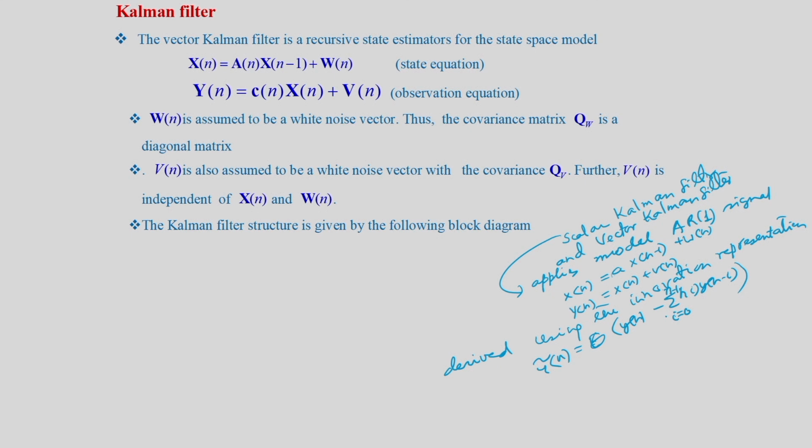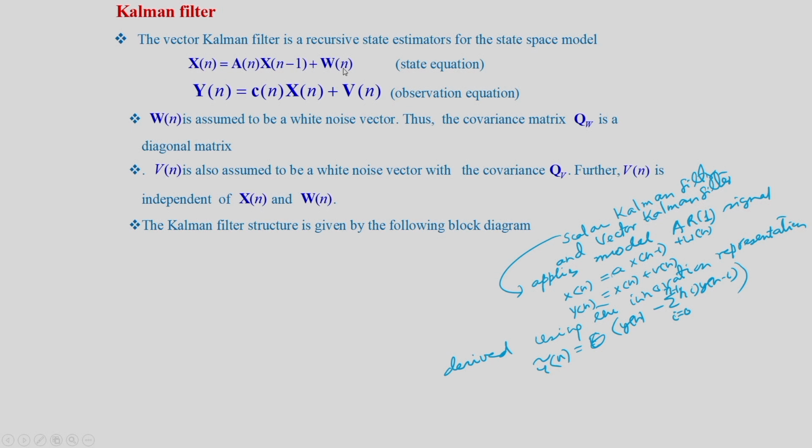And we also considered the vector Kalman filter. It is a recursive state estimator and uses a state space model for the signal, that is Xn is equal to An into Xn minus 1 plus Wn. If we consider An to be time varying, then this state space model is Xn, that is the signal vector, equal to An into x of n minus 1 plus Wn.